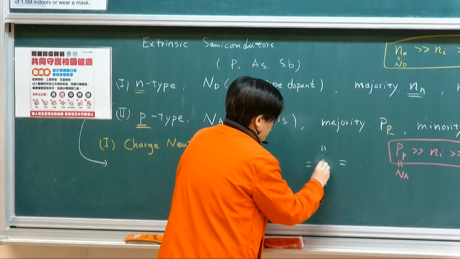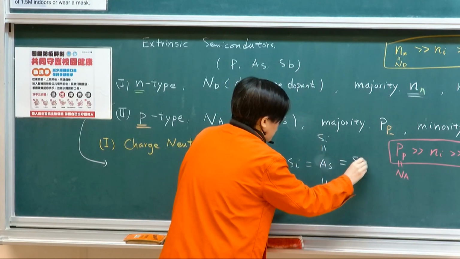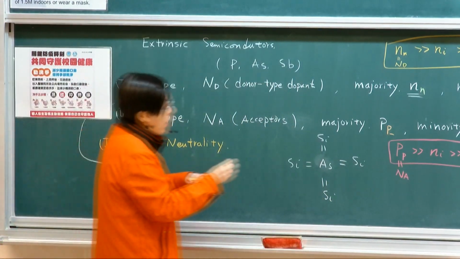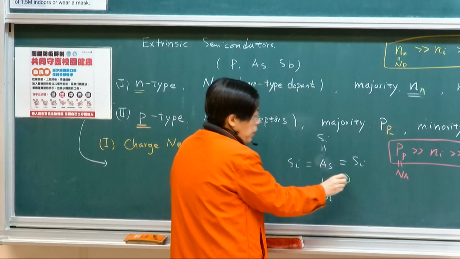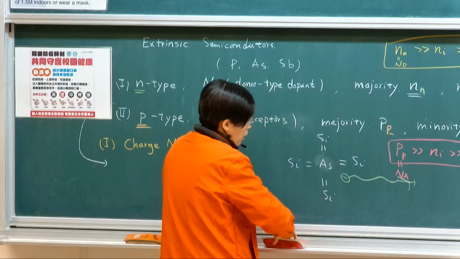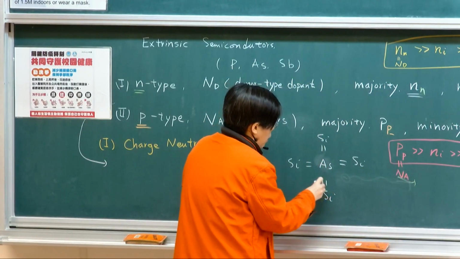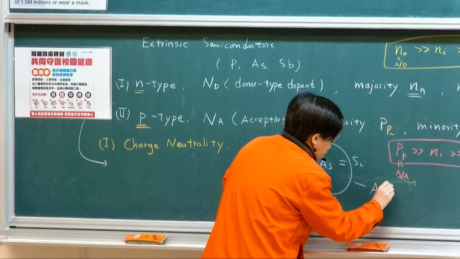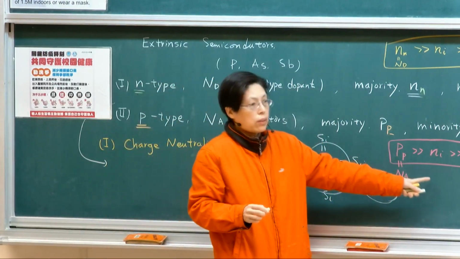Let me use arsenic in silicon. If it has one more electron right here, so if it donates, the electron goes somewhere else. So if this electron left, this arsenic will be a positive charge arsenic. It's called As+, right? Because one electron left it.